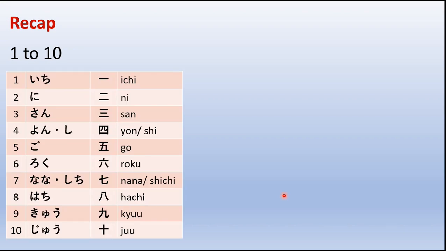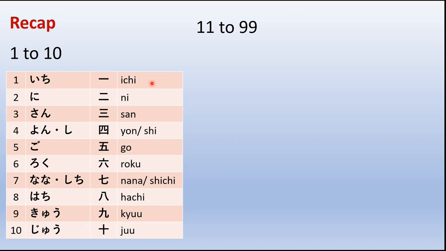So these are numerals 1 to 10 in Japanese. 1 ichi, 2 ni, 3 san, 4 yon or shi, 5 go, 6 roku, 7 nana or shichi, 8 hachi, 9 kyu, and 10 ju. These are the numbers written in words in Hiragana. This column is Kanji for these numerals, and this is the English pronunciation.